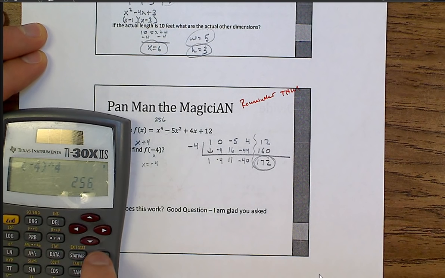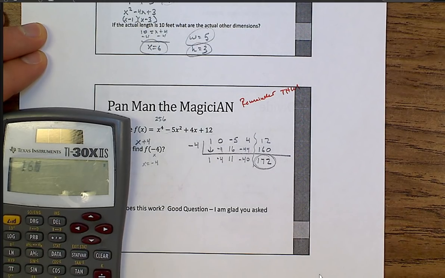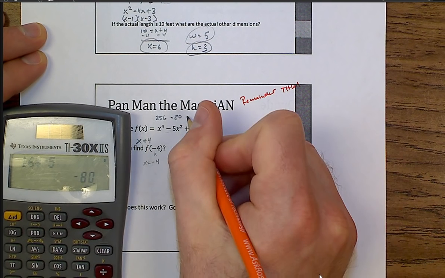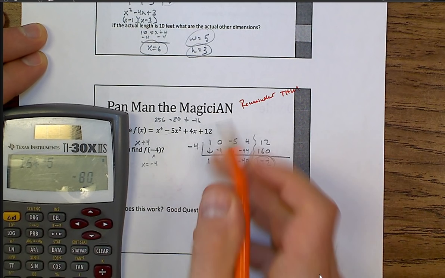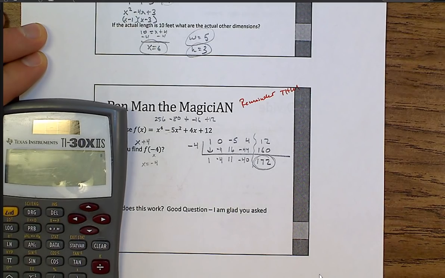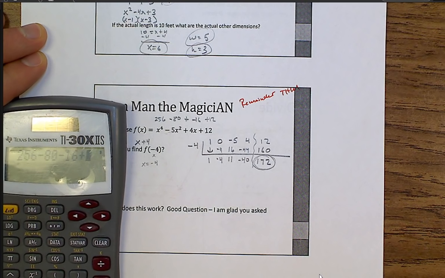And then I have negative 4 squared, which would be 16, right? 16 times negative 5. That's going to give me minus 80. Okay, plus 4, that's negative 16 when I plug in negative 4 for x, and then plus 12. So watch what happens. You get 256, we're going to subtract 80, we're going to subtract 16, and we're going to add 12, and look what you get.